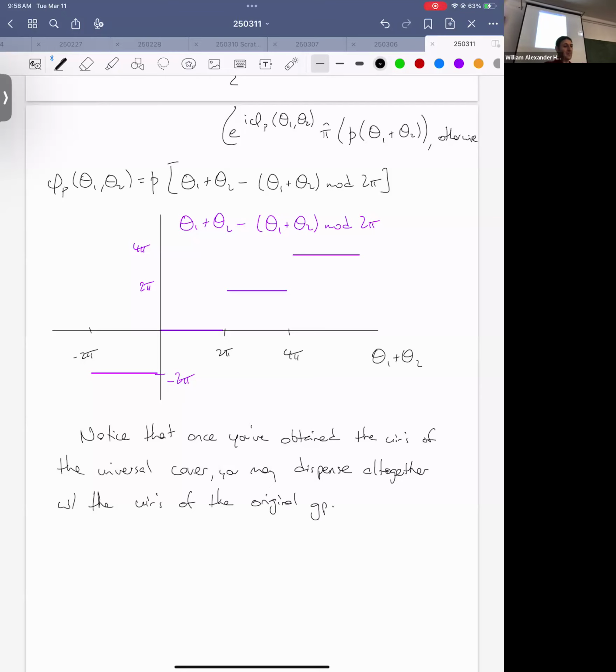And the advantage of doing that is that the UIRs of the universal cover are ordinary, so life is easy.